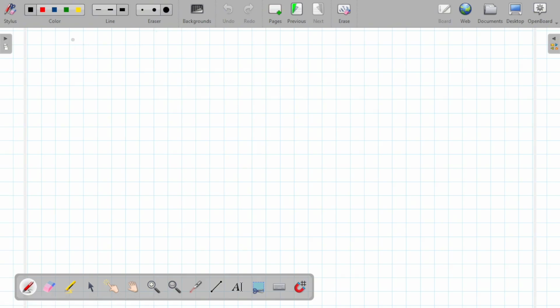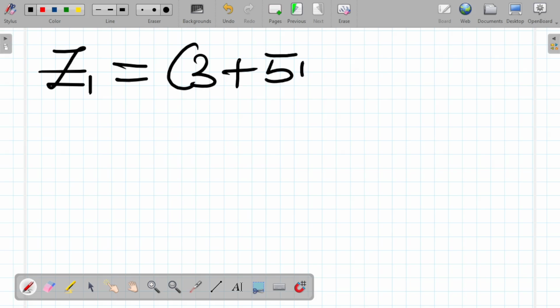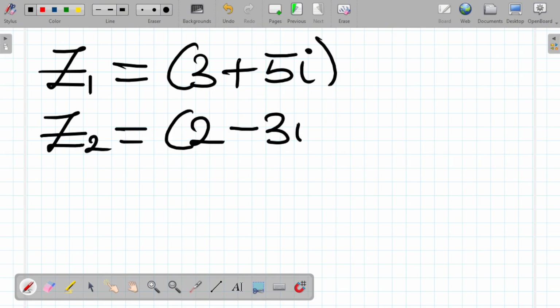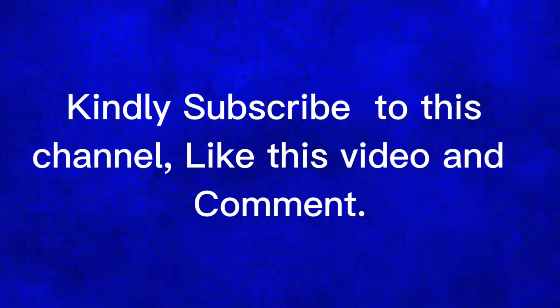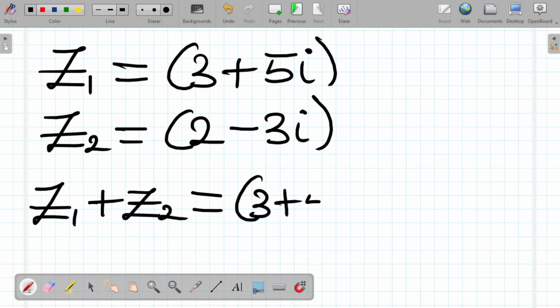Alright, so let's take another example. If z1 is equal to 3 plus 5i, and z2 is equal to 2 minus 3i, and we are asked to add z1 and z2. So z1 plus z2 is equal to (3 plus 5i) plus (2 minus 3i).